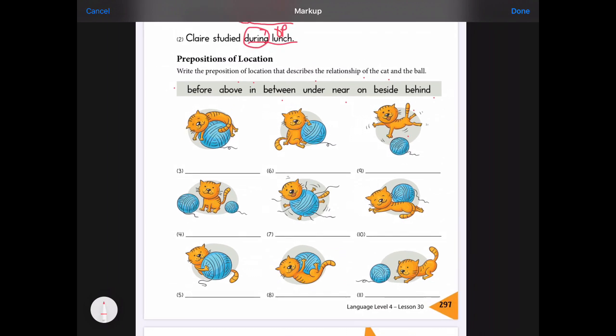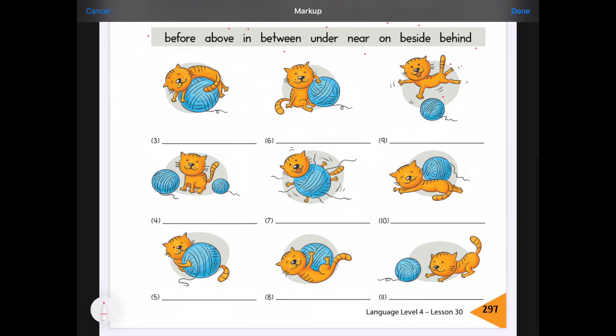I'm going to do a couple of these because some of them I missed and I had to check my answer key. Some of them are easy though, so you don't need all of these. But like this one, you can't see his legs anymore, so it's behind the ball. You can cross that one out.